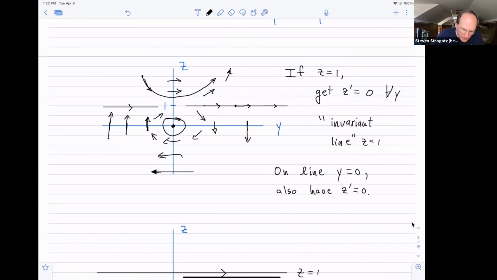In fact, that follows from a symmetry property: whatever the shape is on this side of the z-axis, you can take the mirror image of that shape, and that will be the resulting picture on the other side. So the whole thing has bilateral symmetry, though I didn't draw it very well. And that's basically it. Those are what the typical trajectories look like in this plane.